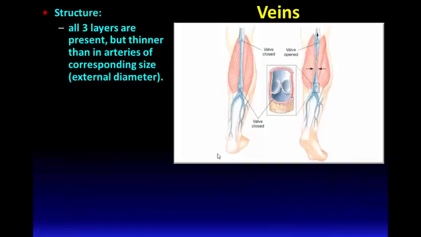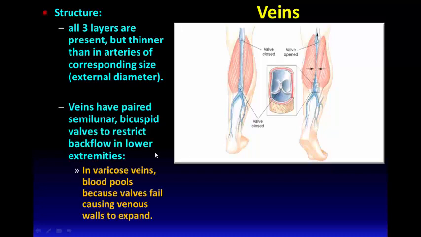Structurally, veins have all three layers in their walls: the tunica intima, the tunica media, and the tunica adventitia. But the layers are thinner than in arteries of corresponding size, if we consider the external diameter of the arteries and the veins.